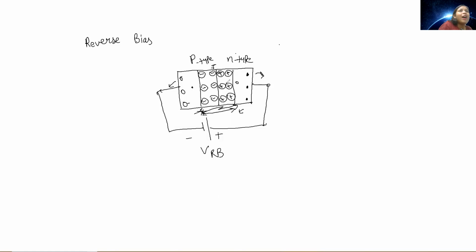The immobile ion region has become much more effective and strong, so that none of the majority charges from p-type and majority charges from n-type will be able to cross this barrier region. So the overall behavior is that there is no amount of current that flows through the junction in case of reverse bias ideally.